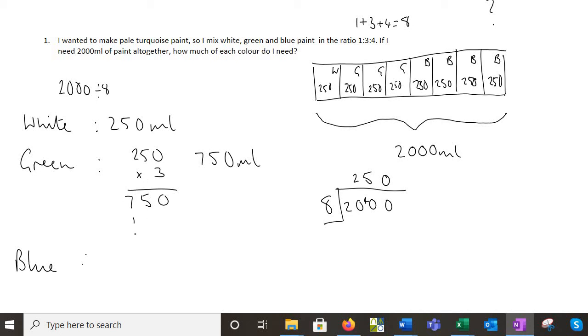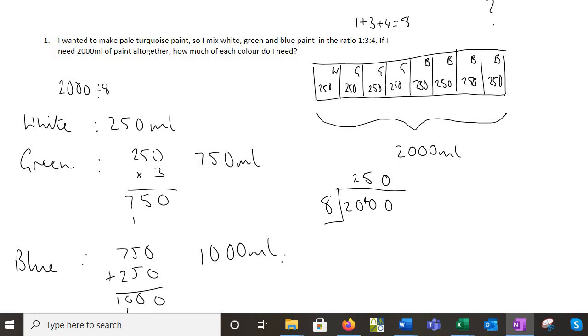I already know what 3 lots are, I'm just going to add 250 onto that. Sorry, that's very bad writing. You maybe know this already, but let's practice doing sums. So 0 add 0, 0, 5 add 5 is 10, 7 add 2 add 1 is 10 also, so I've got 1,000 millilitres or 1 litre. And that's us done.